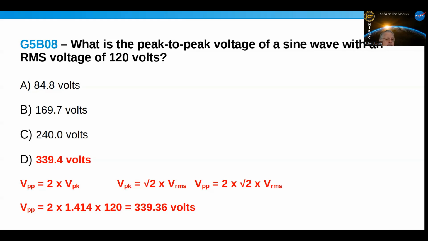And we know the RMS value. So if we plug all those things in, we can do 2 times the square root of 2 times the RMS value. And we get 339.4 volts.